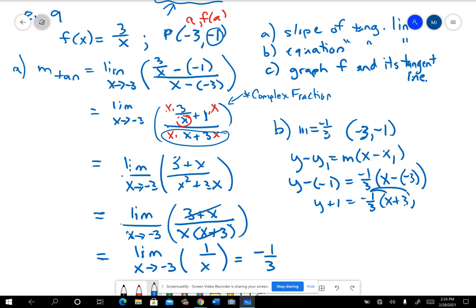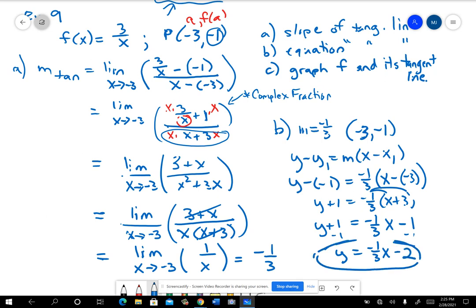I'm going to go ahead and distribute the negative 1/3, which gives me negative 1/3 x minus 1. And then I'm just going to move the 1 out of the way, and I'll have y equals negative 1/3 x minus 2. So that's the answer to part B. This is the answer to part A.